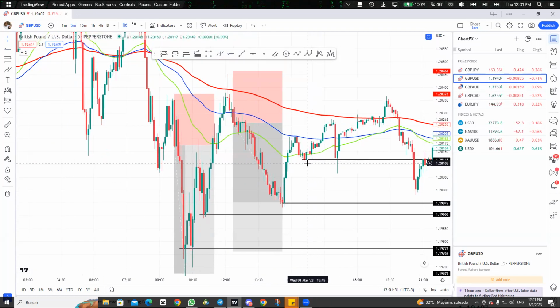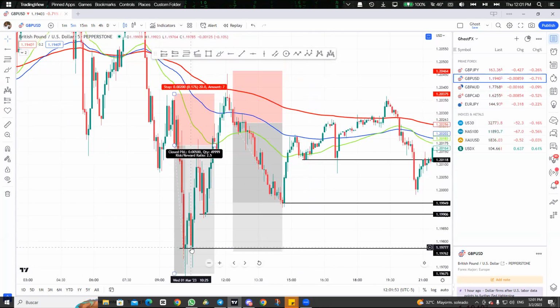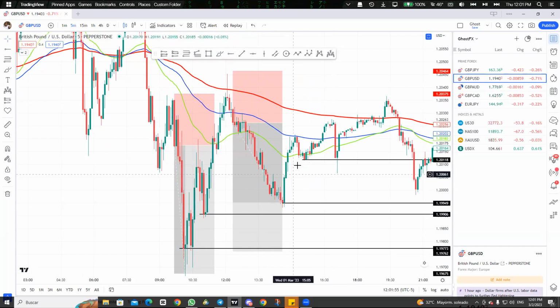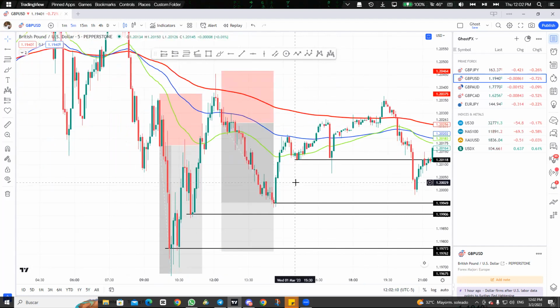So why would you take a sell if it's going up? If you see here, down, up, up, up, and up. There's no way you will take a sell here because it's going up. It will have to break this low here in order for it to be a sell, or start over again.